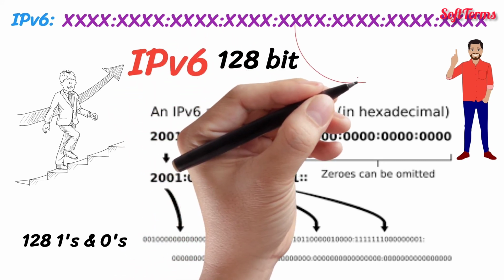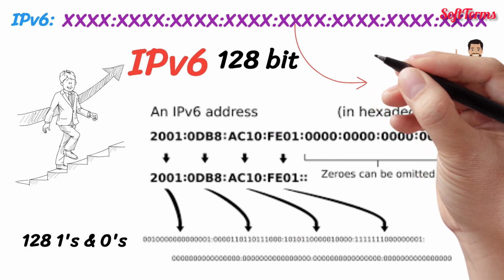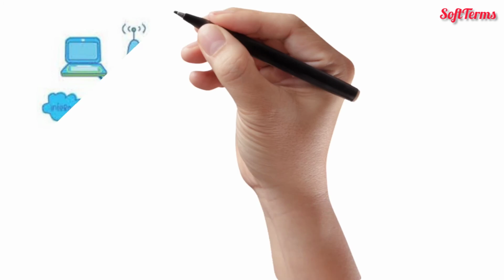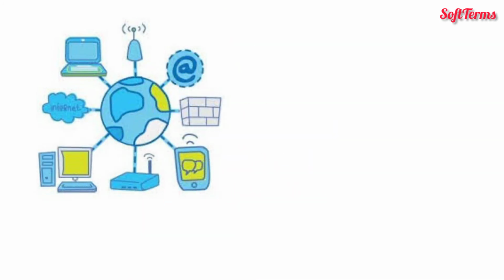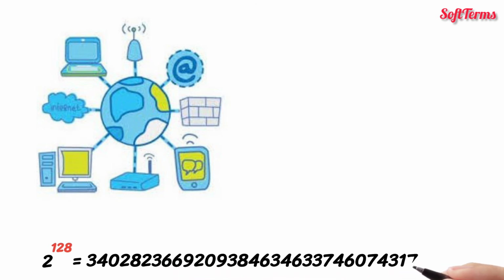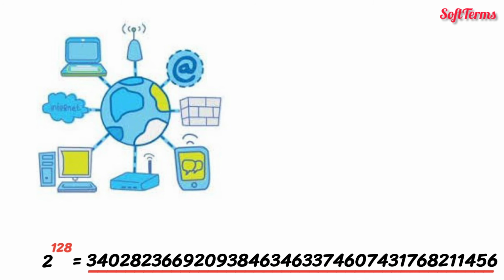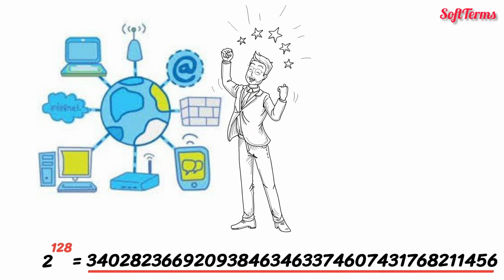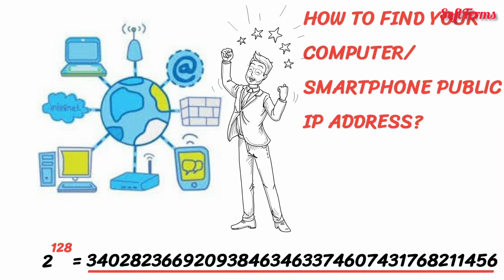Since a unique sequence of ones and zeros is given to each computer connected to the internet, with IP version 6 a total of 2 raised to power 128 devices can be connected to the internet. That is, IP version 6 can address this amount of devices, which is actually far more than enough for many future generations.